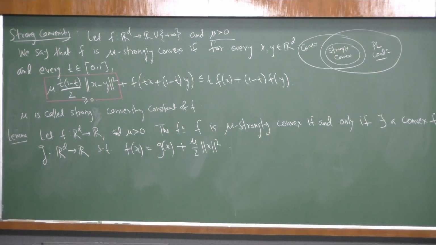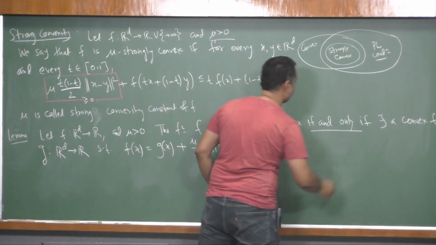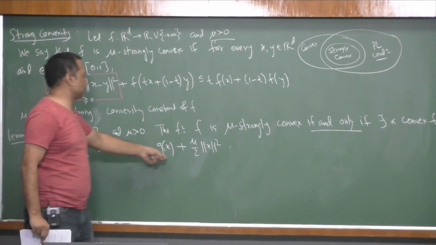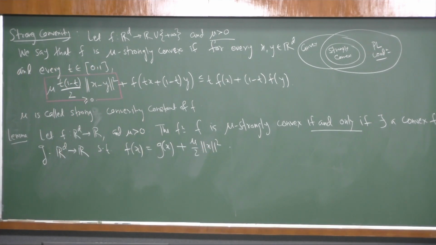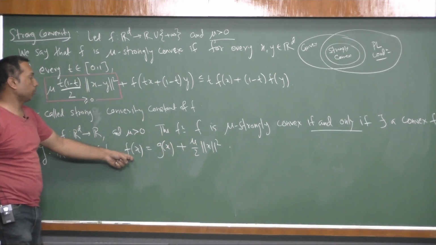Okay. So what we are trying to say, and this is if and only if, right? What this tries to say is that given f is convex, then there must exist gx, so that I can write gx plus mu by 2 this, and also the other way around. Okay. If g is convex and if I add this, then f necessarily becomes mu convex.